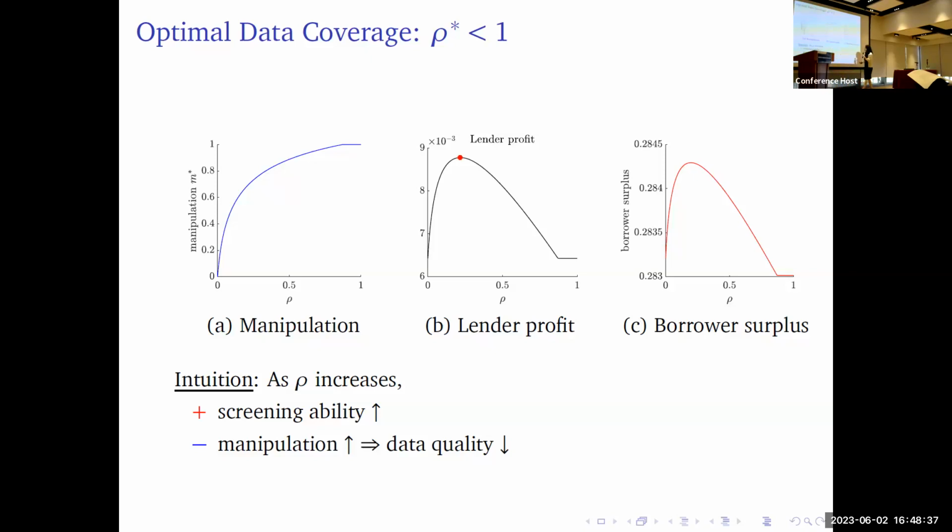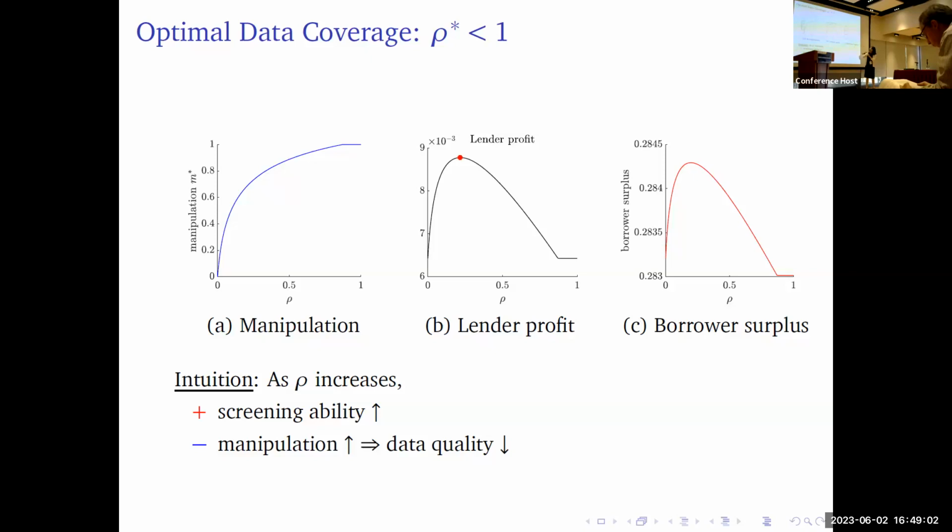And finally, we also look at the borrower surplus. It also does exhibit a hump-shaped pattern. Again, several countervailing forces here. A higher rho means better screening ability for the lender. So the high type will be happy because now they are more likely to separate from the low type guys. That's a good thing for the borrowers.